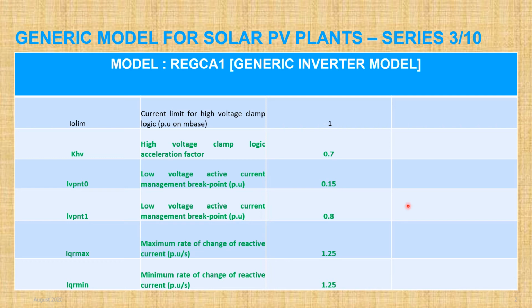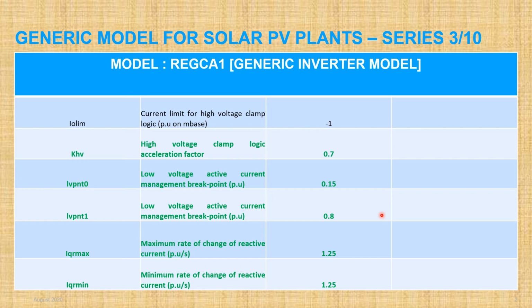In the last slide we discussed at what point at the inverter terminal the inverter will start reacting, meaning responding to the grid. If the voltage at the inverter terminal is 0.15, it will start responding, and here also 0.8, it will start responding. There are various set points in the grid code, so it is given that way, and that's why we have to set it this way.